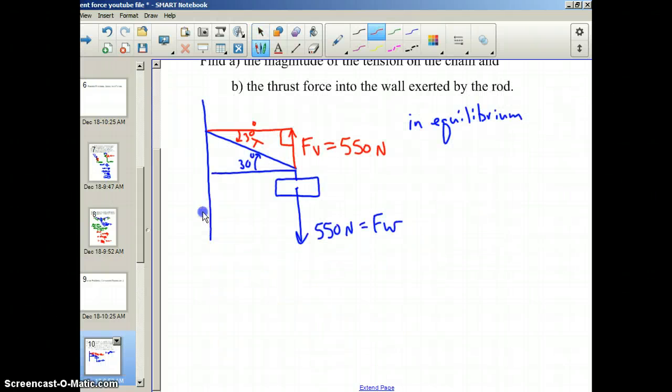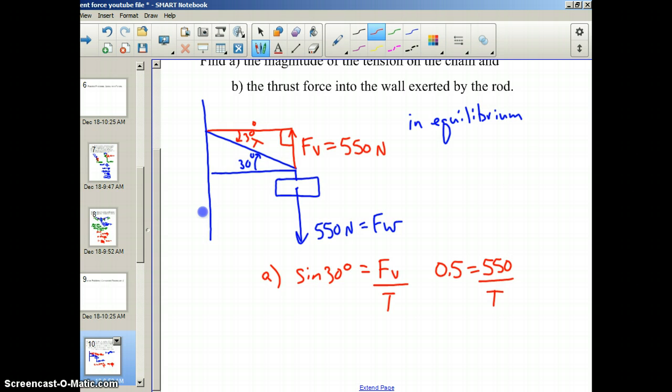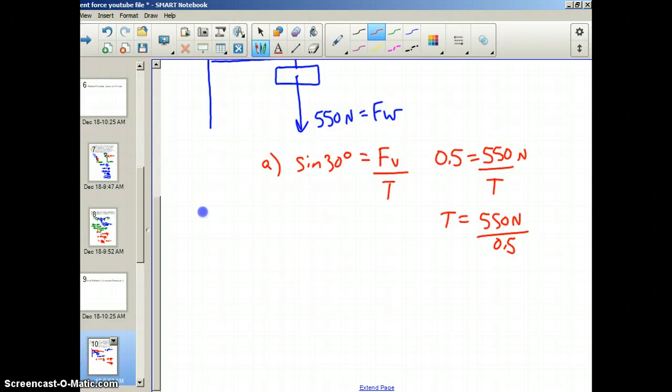So for part A, to find tension, sine of 30 degrees must equal my vertical force divided by the hypotenuse, which is the tension on the chain. Sine of 30 degrees equals 0.5. The upward vertical force is 550 newtons. So the tension on the chain must equal 550 divided by 0.5, or 1,100 newtons.